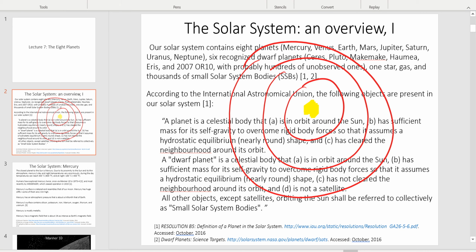Pluto's orbit doesn't follow the same pattern here. It looks more like this. It's a highly elliptical orbit, meaning that it's not very circular. It looks much more like the orbit of an asteroid.